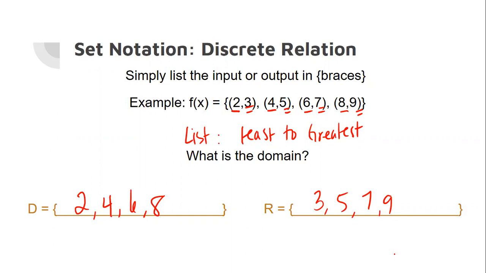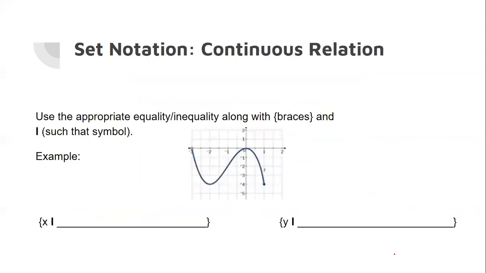Okay. Now we're going to talk about continuous relations. If you have a continuous relation, that means that there are infinite amount of numbers from one point to the other, and there's no way that you can list them all out. Okay. And so when we're doing this, we utilize our inequality symbols. How we know which inequality symbols to use depends on our endings.